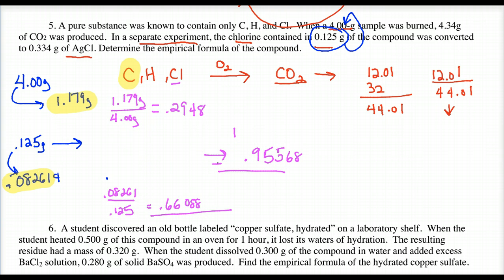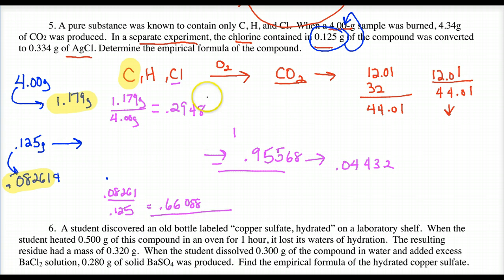Okay, so 1 minus my 0.95568. What I get from this value is 0.04432.